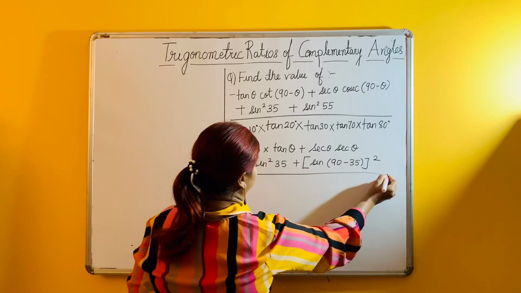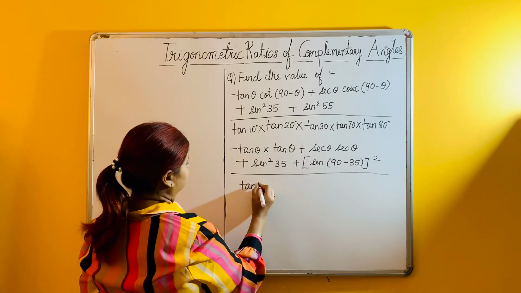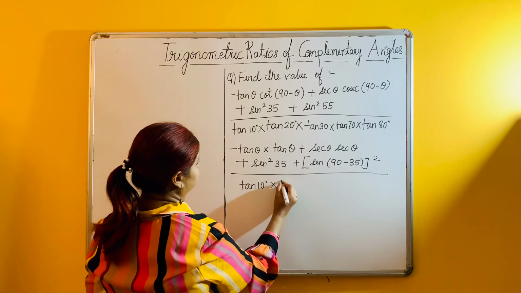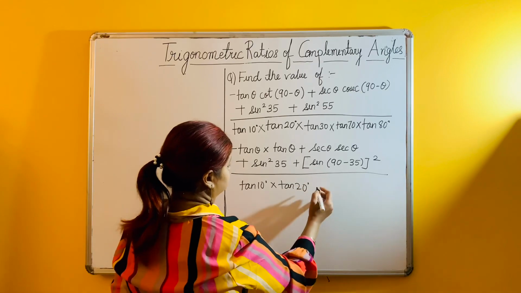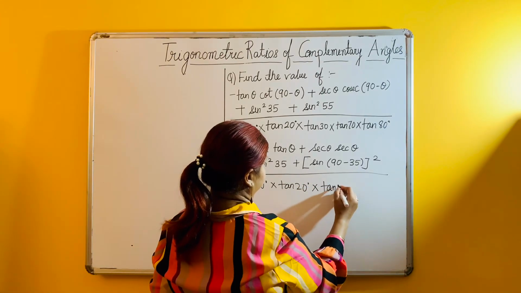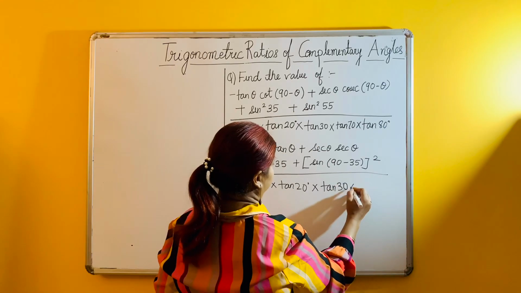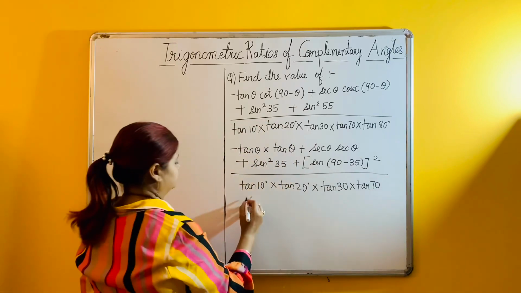Now, this whole thing is divided by tan of 10 degree into tan of 20 into tan of 30 into tan of 70 into tan of 80.